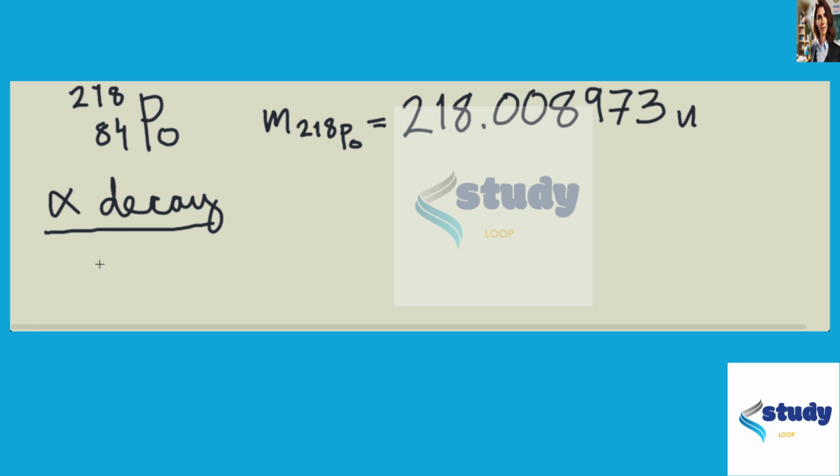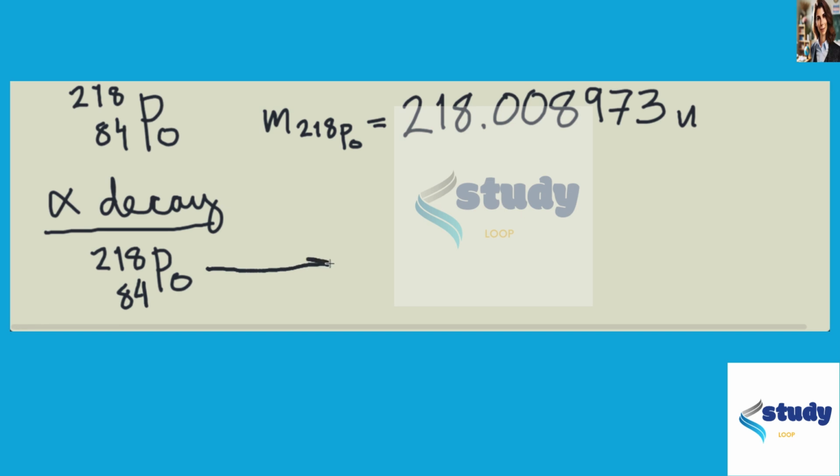The parent atom here is polonium 218. It has an atomic mass number of 218 and an atomic number of 84.